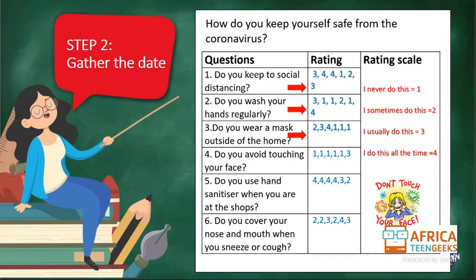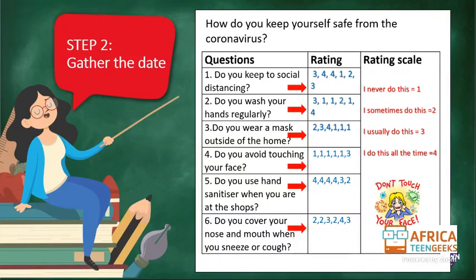Do you wear a mask outside of the home? 4. Do you avoid touching your face? 2. Do you use hand sanitizer when you're at the shops? 4. Do you cover your nose and mouth when you sneeze or cough? 4. Excellent. Thank you. I'm clapping.